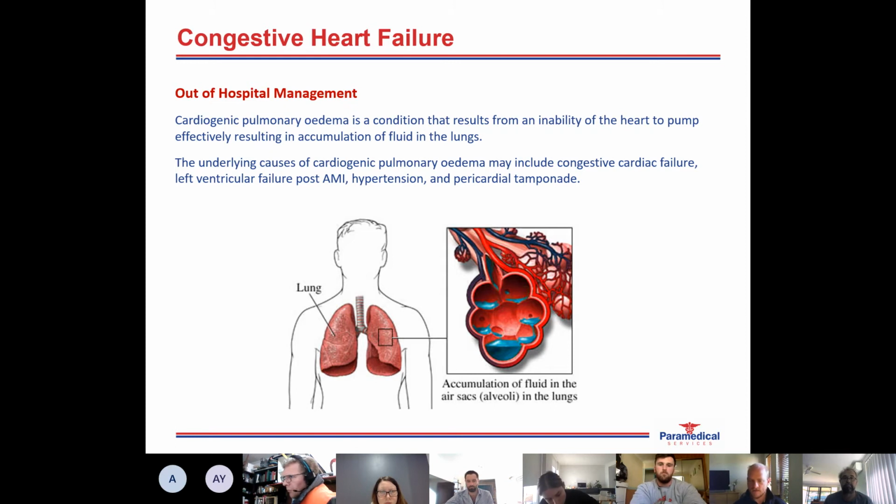And if that dysfunction in the ventricle continues to occur, it will then precipitate right-sided failure and cause this high buildup of fluid, hypertension and pericardial tamponade.